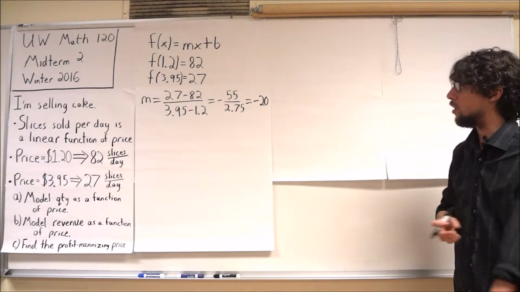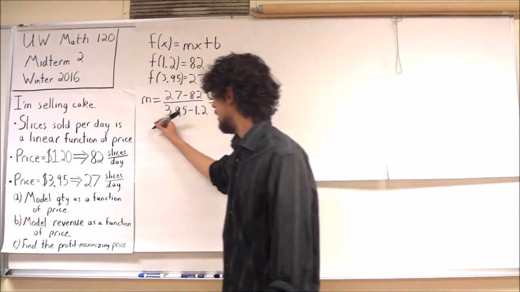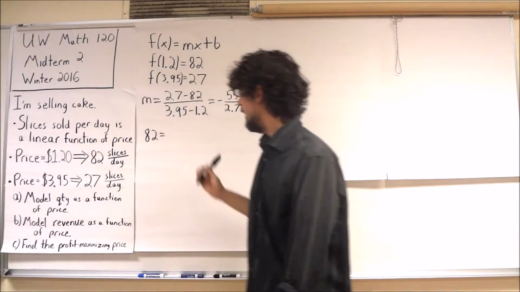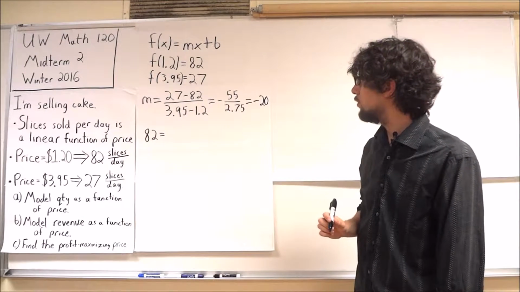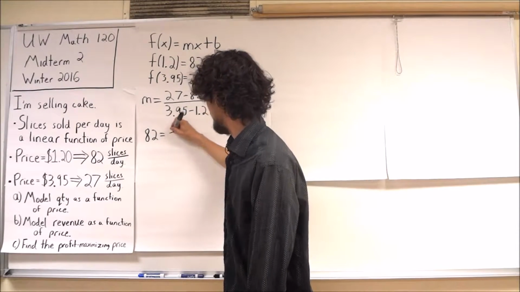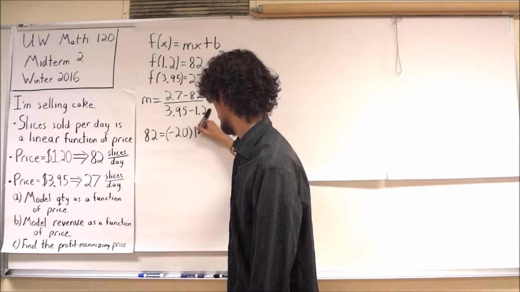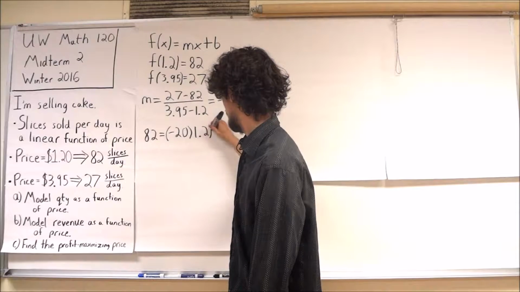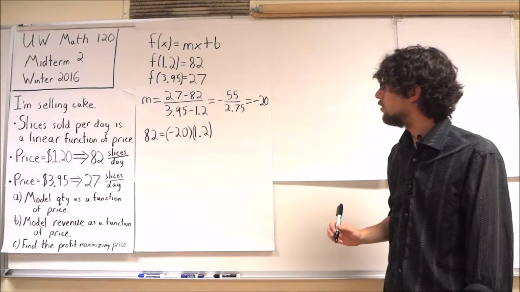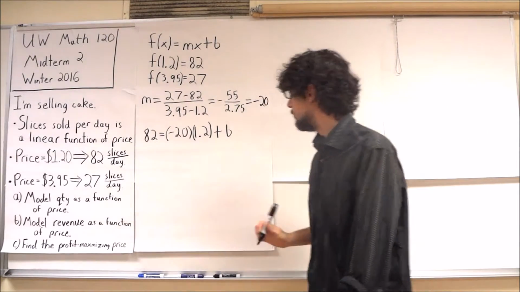We can just plug into one of our data points to find b. Let's use this one. We have 82 is equal to negative 20 times 1.2 plus b.